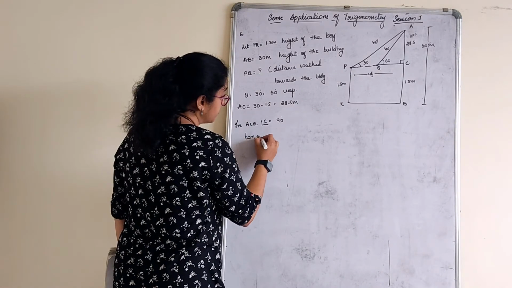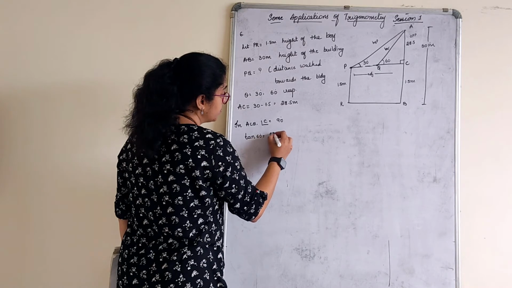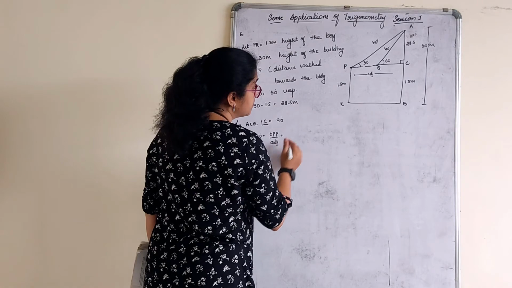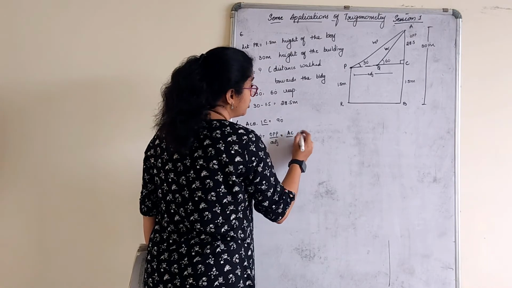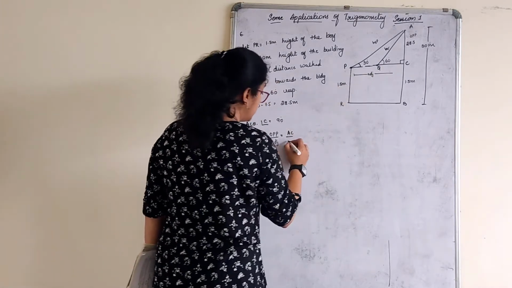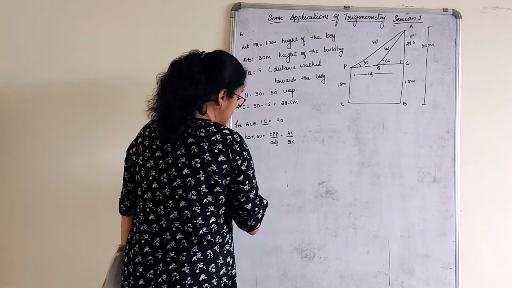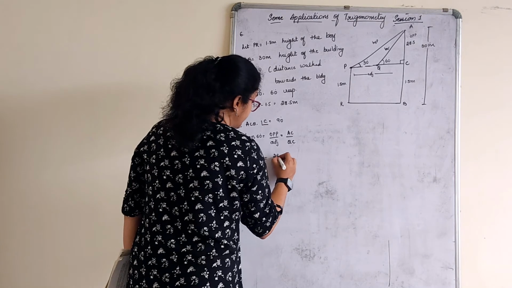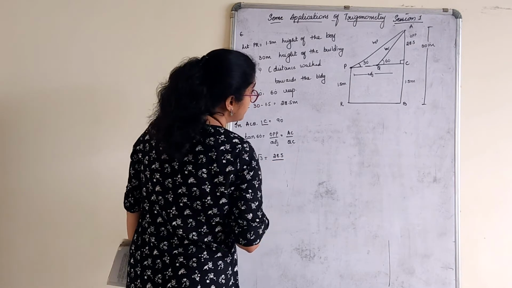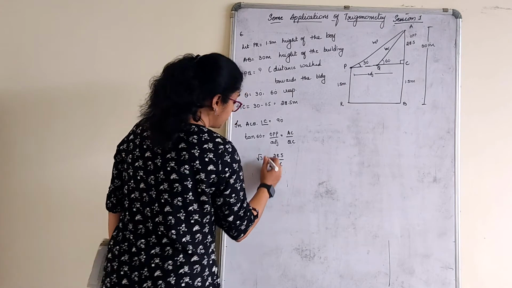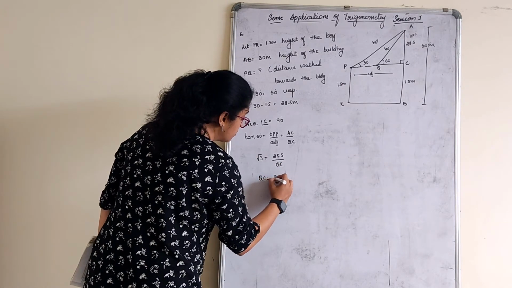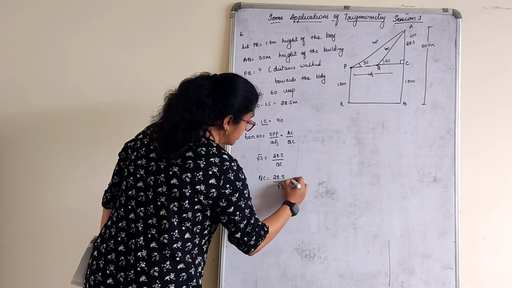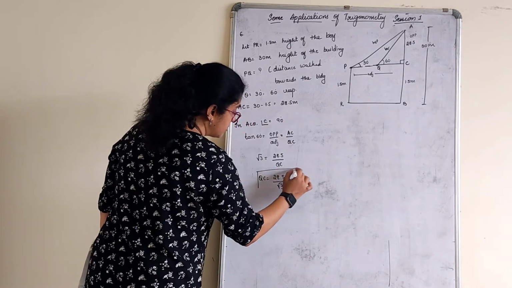Tan 60 is equal to opposite by adjacent. Opposite is what here? AC. Adjacent with respect to tan 60 is QC. So tan 60 is root 3. Opposite is 28.5 divided by QC as it is. QC is equal to 28.5 divided by root 3 meter. Keep this as it is, children.